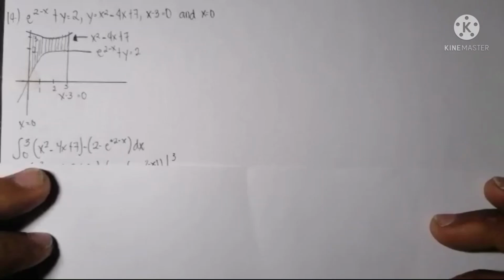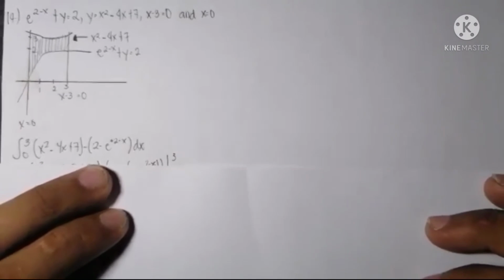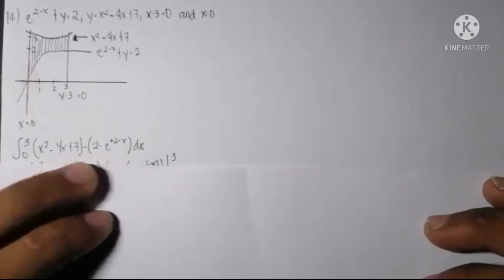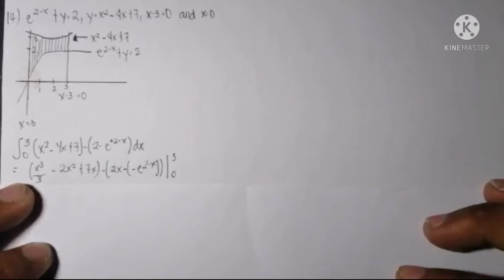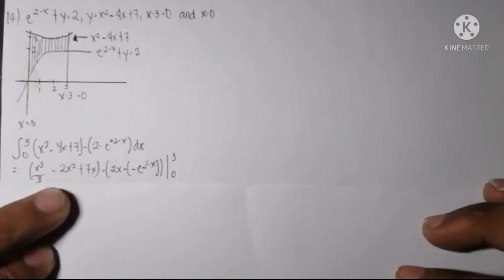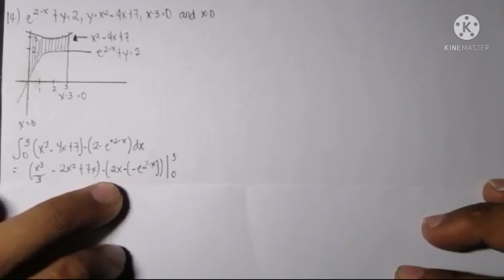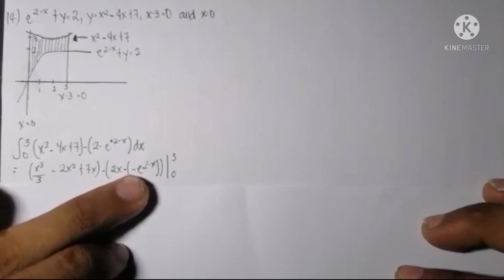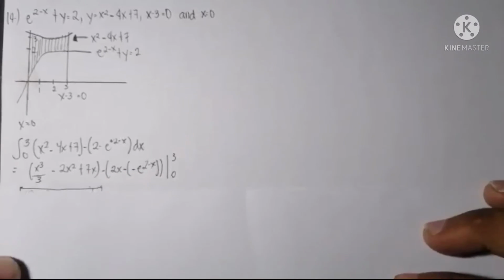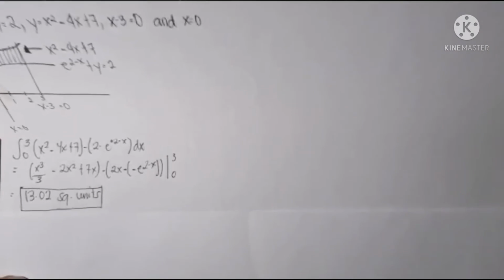So the integral of (x squared minus 4x plus 7) minus (2 minus e raised to 2 minus x) dx from 0 to 3 is equal now to x cubed all over 3 minus 2x squared plus 7x minus (2x minus negative e raised to 2 minus x) from 0 to 3. So the final answer now is 13.02 square units.